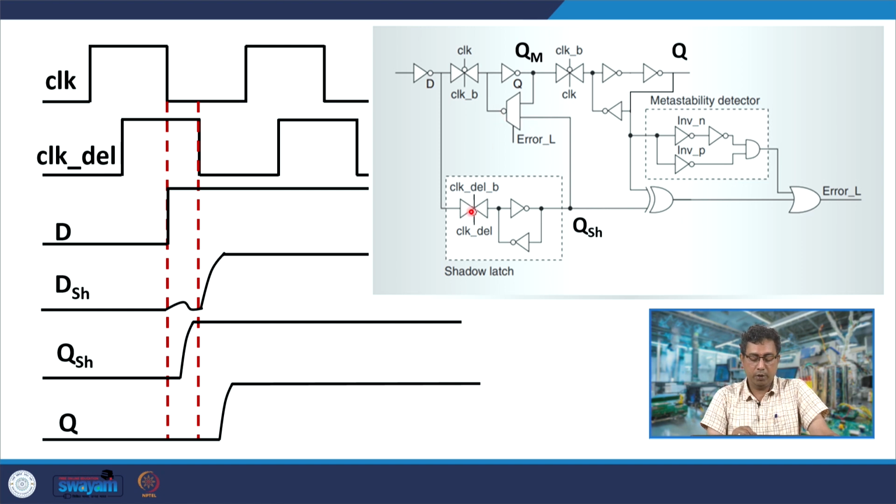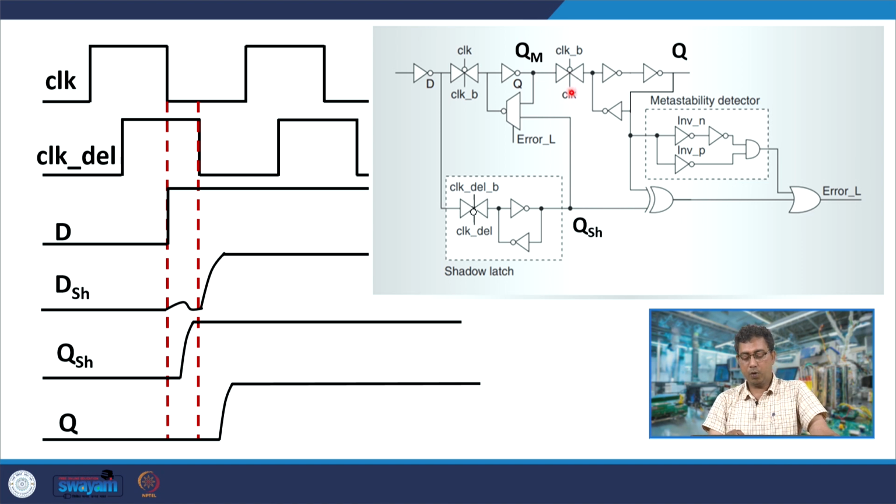So, here you have delayed the clock. If there is no setup time violation, and also no hold time violation, in that case the shadow latch would latch the same value as D, and the main latch would also latch the same value as D, okay.